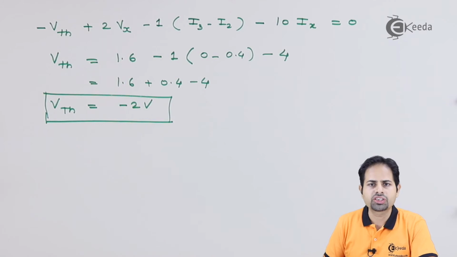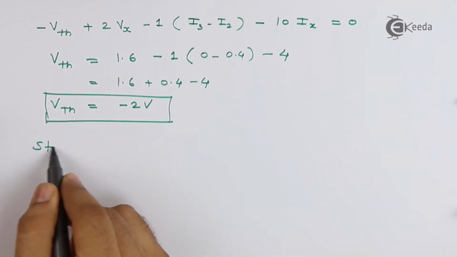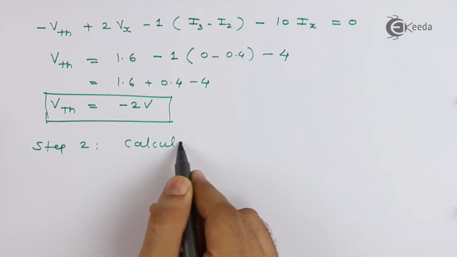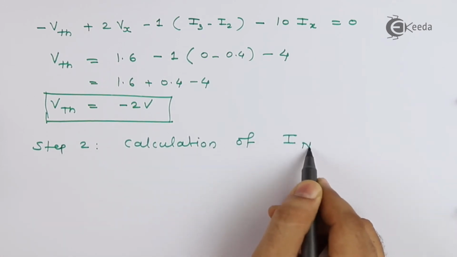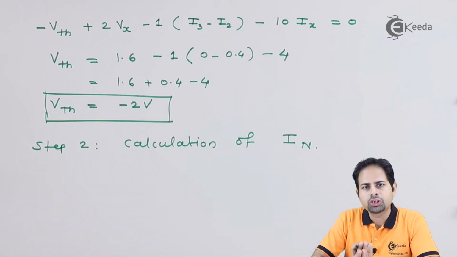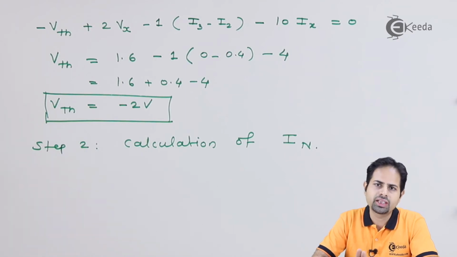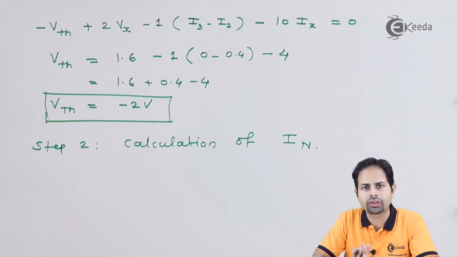Now we will go for step number 2, that is calculation of IN, which is called Norton's current. So for calculation of IN, that particular branch is shorted. For VTH, branch is opened, we know it. So we'll draw the same circuit with AB branch shorted.